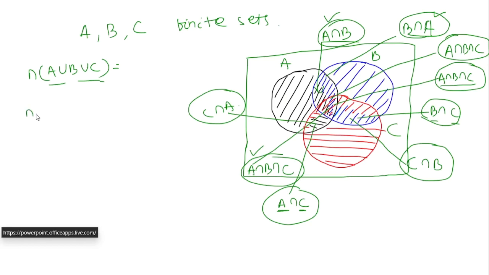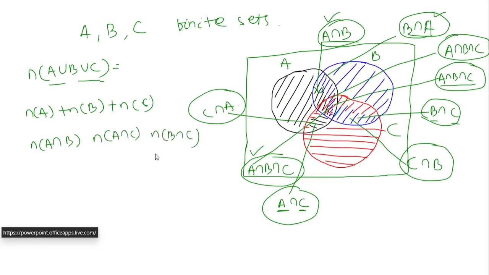So if I am adding n of A plus n of B plus n of C, then as you can see from the Venn diagram, the intersections of any two sets, that is n of A intersection B, n of A intersection C and n of B intersection C, are included 2 times, and the number of elements in A intersection B intersection C is counted 3 times.